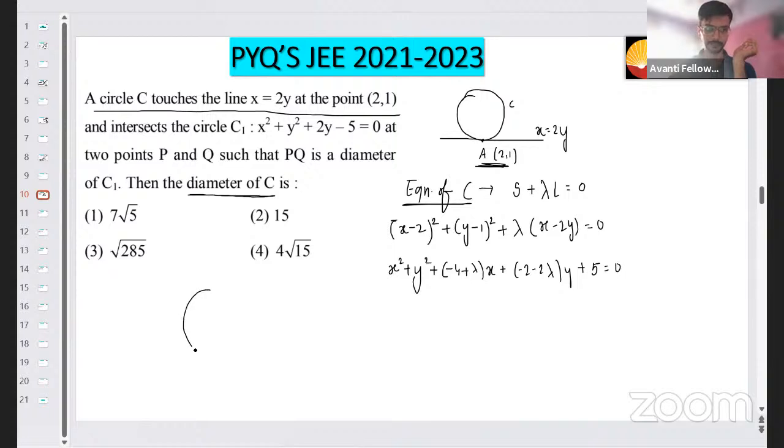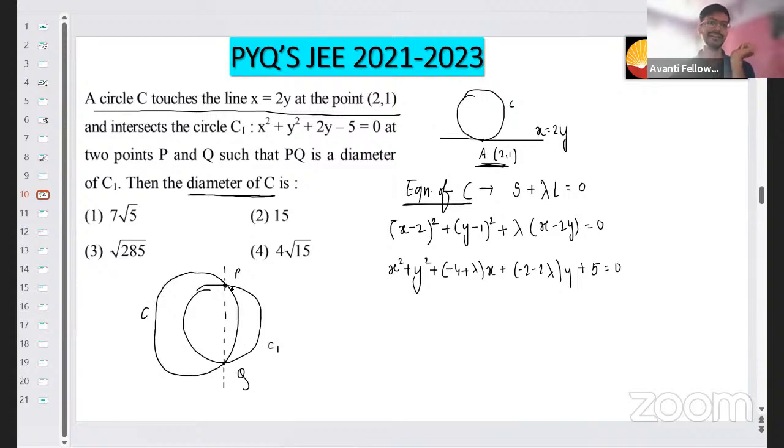So let us try to draw the diagram here, at P and Q. Let's say this is the circle C1. This is the diameter, with end points P and Q. Now, C intersects this circle at 2 points.